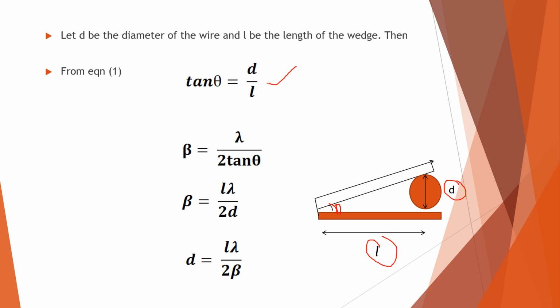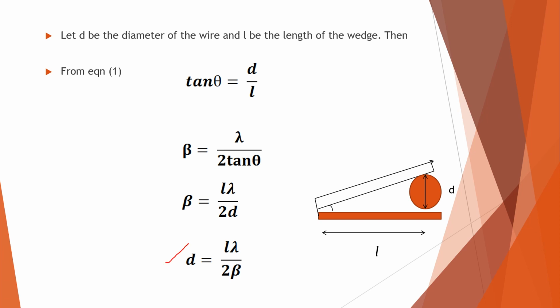But we know that bandwidth beta for air film between the two glass plates is beta is equal to lambda by 2 tan theta. Substitute for tan theta here, then you will get the value of beta as lambda L by 2D, or the value of D, the diameter of the wire, can be written as lambda L by 2 beta.